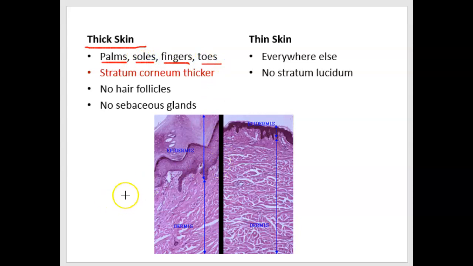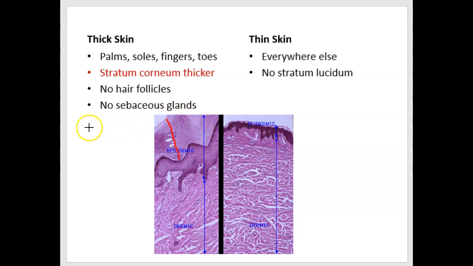And the layer that's thickest is the stratum corneum. So right here, or is thicker, I should say, is the stratum corneum. These two pictures show thick skin and thin skin. The thick skin is, of course, on the left. And the layer that's different between thick and thin is the stratum corneum.